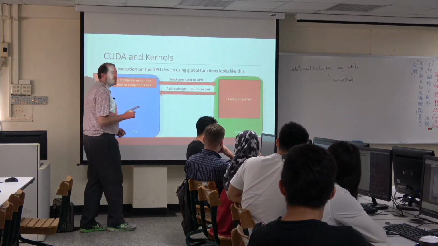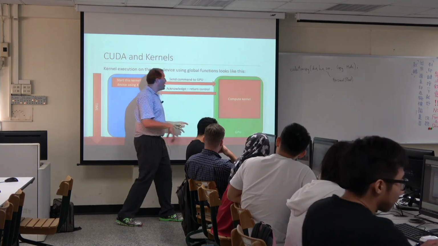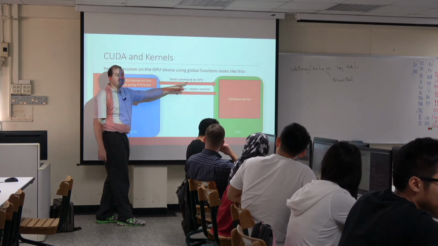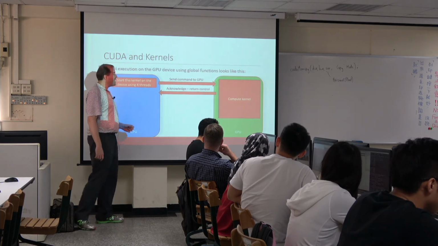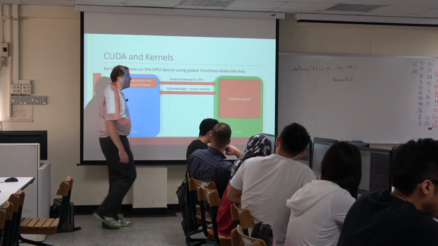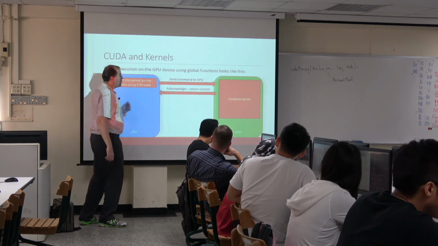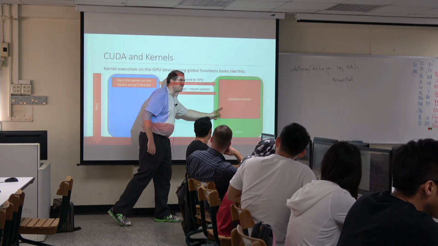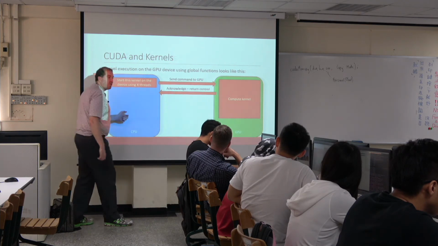What you just timed is not how long it takes to do the calculation on the GPU. What you timed is how long it took to send the command to the GPU and then come back. That's what you timed. So when we actually measure how much time these GPUs take to do their computation, we have a clock here and we start timing. We need to make sure the GPU is finished working before we stop our clock.